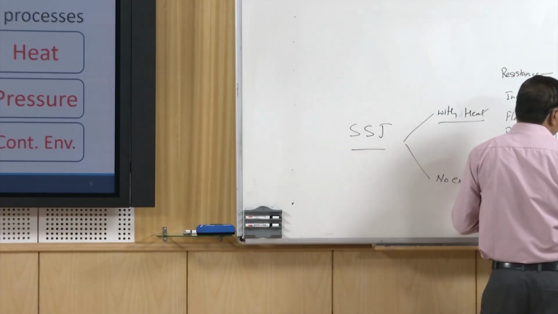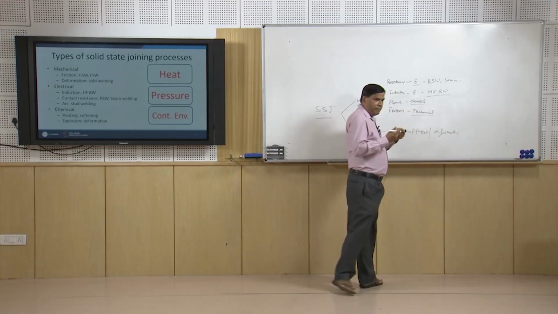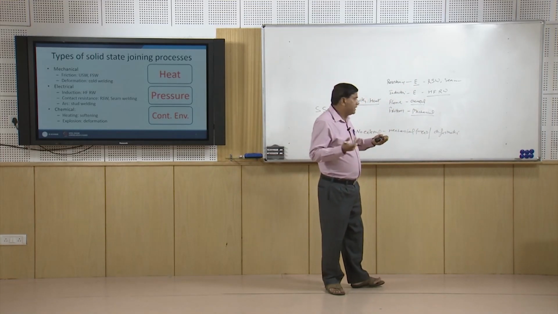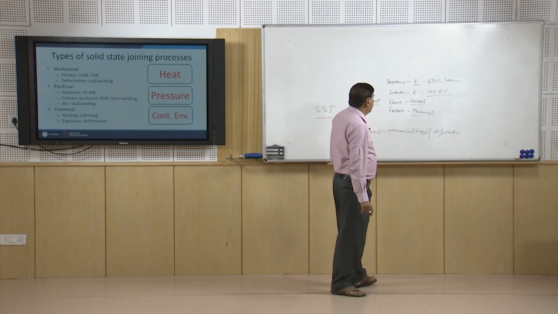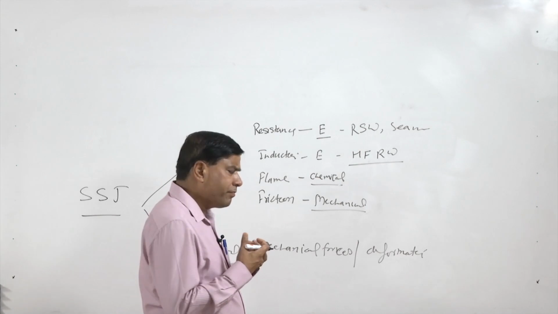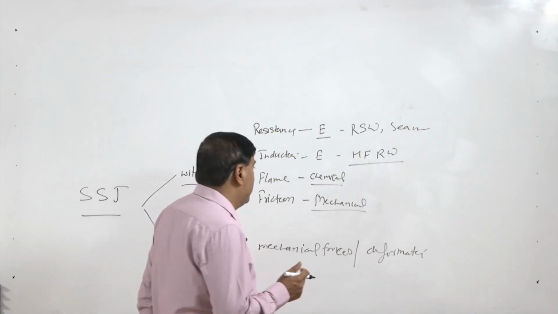And in case of friction, direct metal to metal contact, the mating surfaces are rubbed against each other, so enough frictional heat is generated for the softening purpose, and then under pressure the joint is formed.